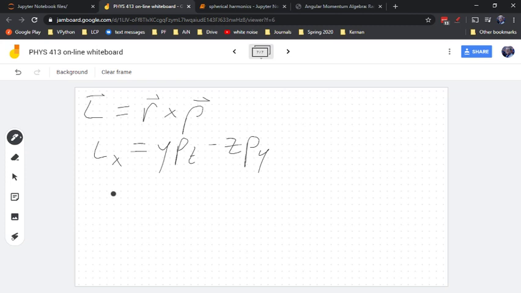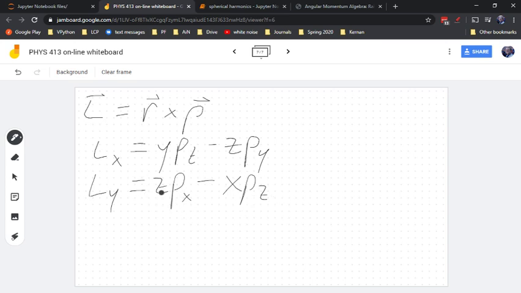Remember, when you take a cross product, you're doing everything either in alphabetical order, x, y, z, or you're doing in reverse alphabetical order, z, y, x. And when you do it in reverse alphabetical order, you get a minus sign. So that means Ly is going to be zpx minus xpz. You just flip each term around, right?